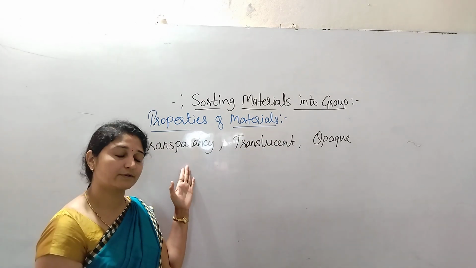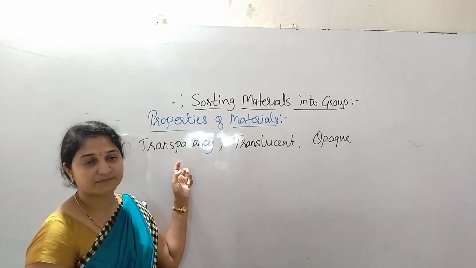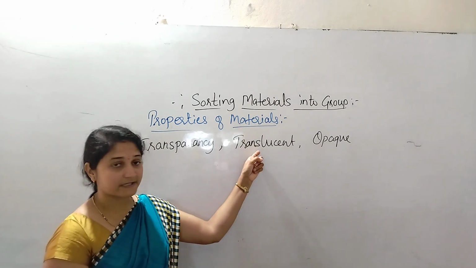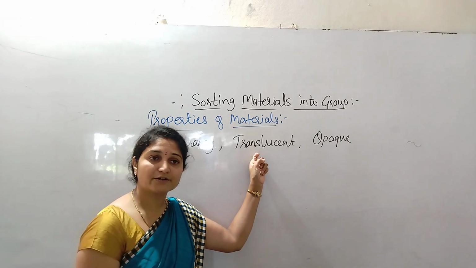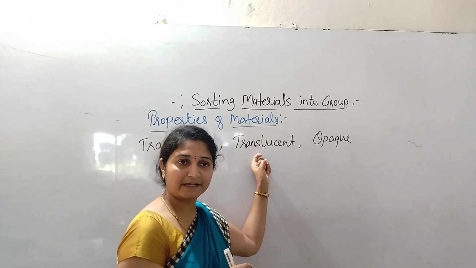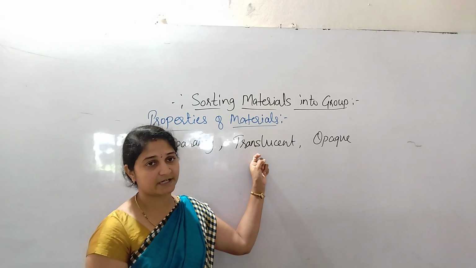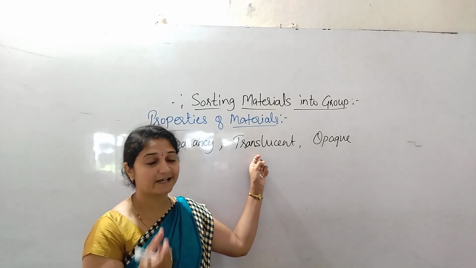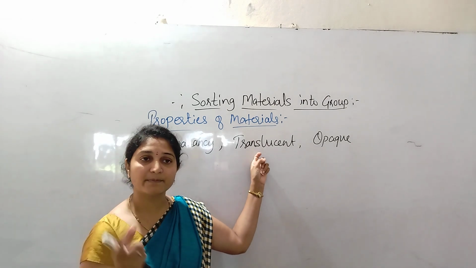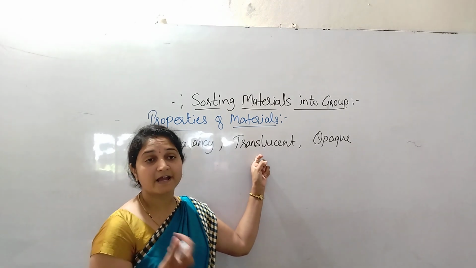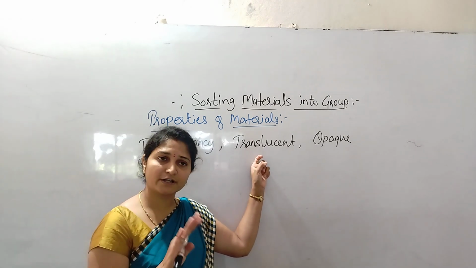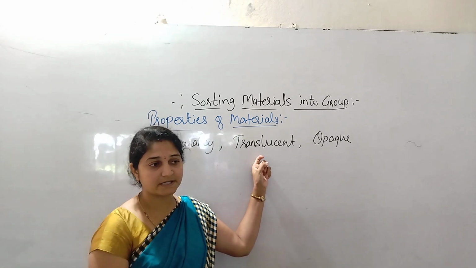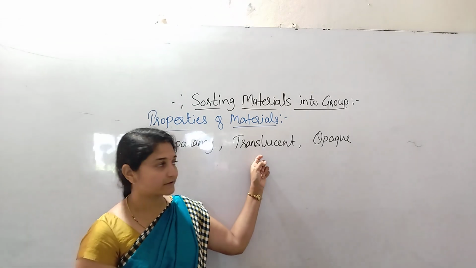This type of object allows the light to pass through. What is translucent? Translucent objects allow the light, but the objects are visible only dimly, not clearly. For example, an oil patch on paper and tissue papers allow light, but not clearly. Complete transparency is not there.